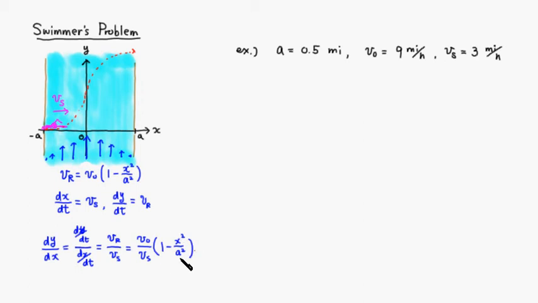Let's do a more concrete example where a is 0.5 miles, v0 is 9 miles per hour, and v sub s is 3 miles per hour.